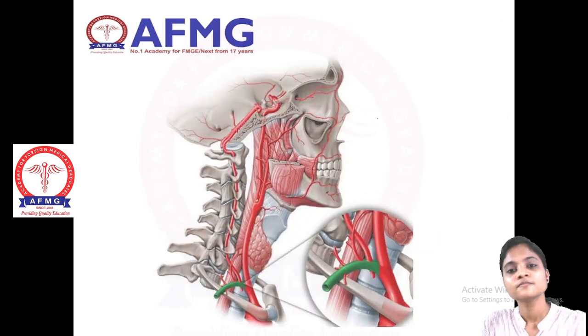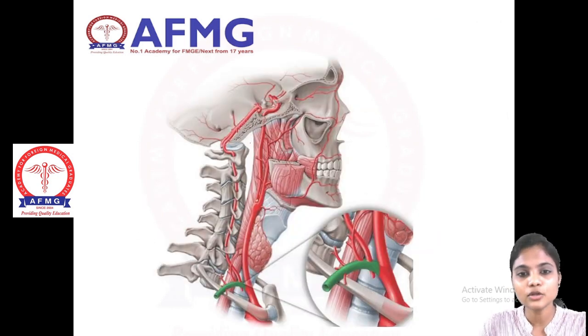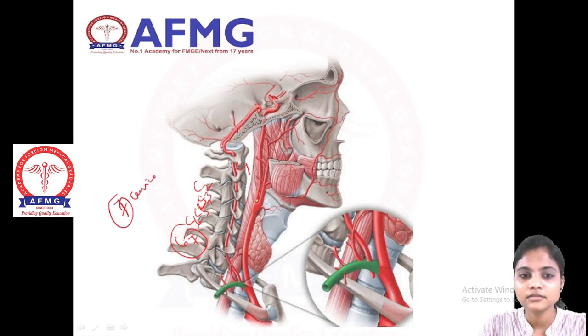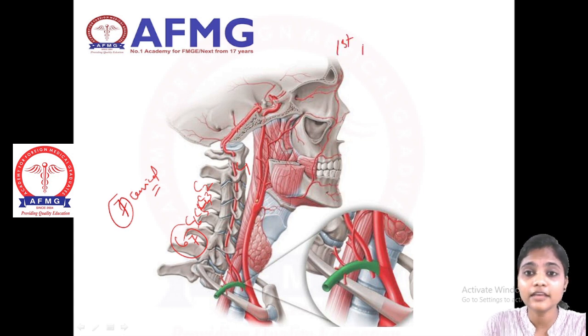Please remember this. Now coming to the next thing, can you see this picture? This is your cervical vertebra, which is your C1, C2, C3, C4, C5, C6 and C7. So totally we know that there are 7 cervical vertebrae. So what is the first branch of the subclavian artery?